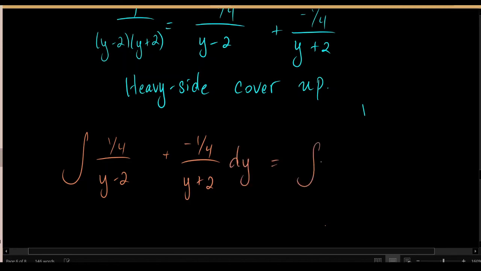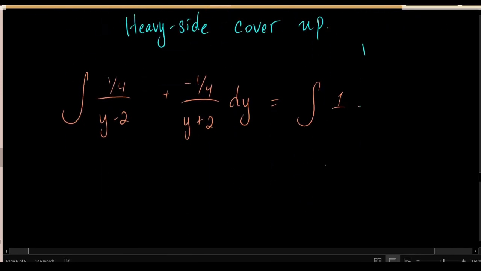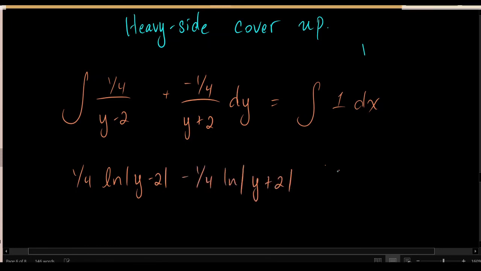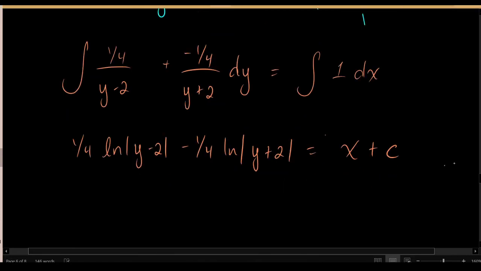That's equal to the integral of 1 with respect to x. So the left side becomes 1/4 times the natural log of y minus 2, minus 1/4 natural log of y plus 2, is equal to x plus some unknown arbitrary constant.